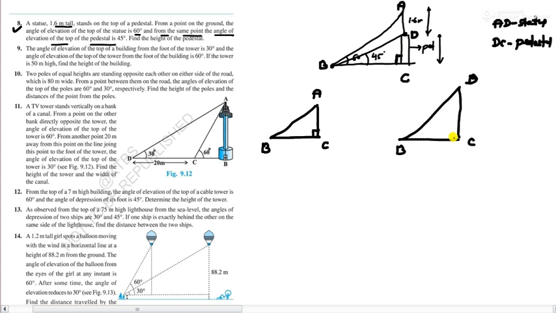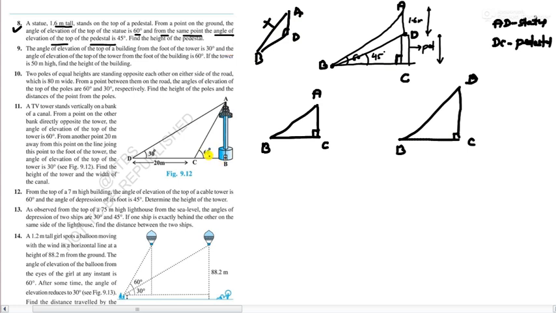Without this right angle, you just can't take any figure. For example, some of you might draw like this. This is A, D, B. But since there is no 90 degree, this cannot be a valid figure. Are you getting it?